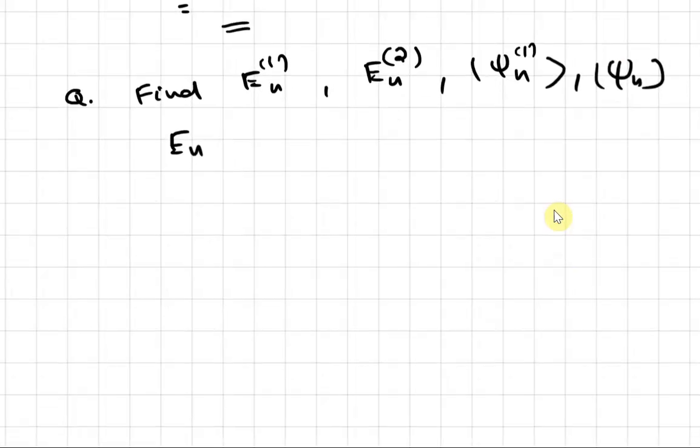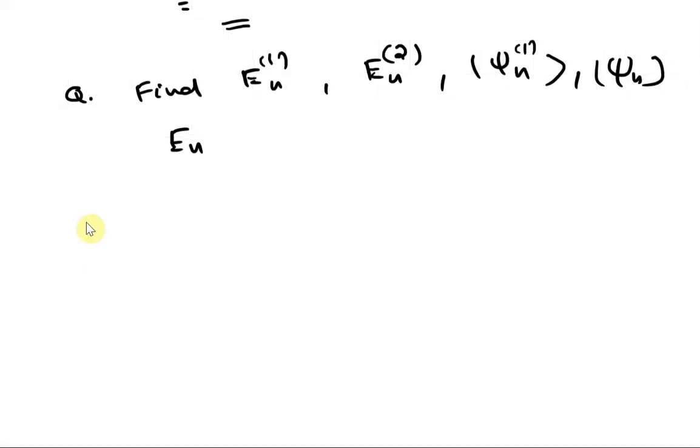From the perspective of degenerate perturbation theory, we have to discuss the n equal to 2 case. So when n equals 2, what are the possible values of n, l, m?